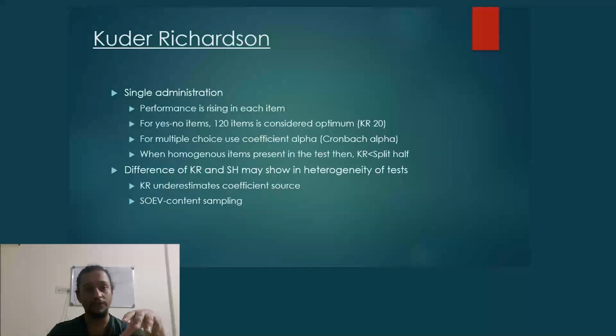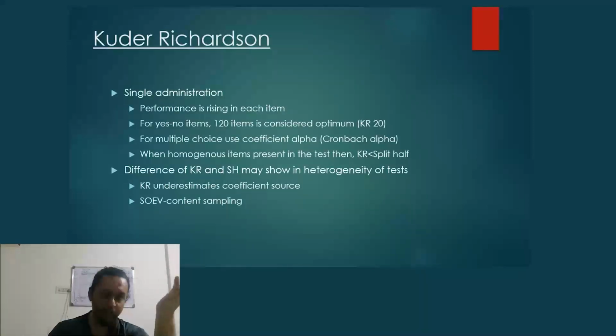If that's the way your questionnaire is structured, then the Kuder-Richardson method is a better form of finding reliability. So please remember this, okay? When homogeneous items are present, split half reliability is better when you're doing single administration. But if you have heterogeneous items, then Kuder-Richardson is better, right?